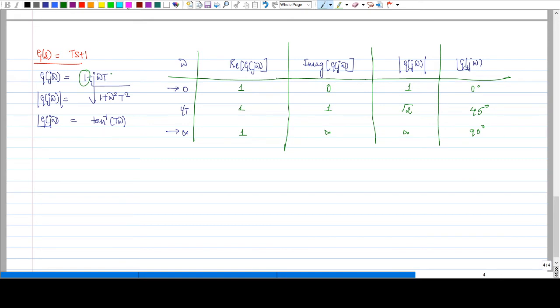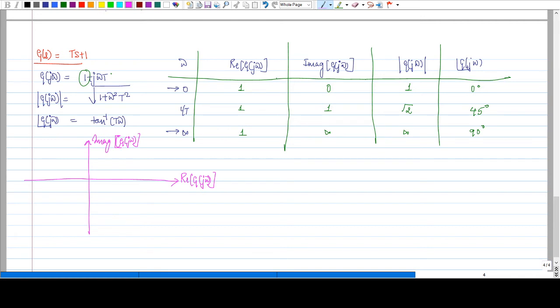Now we will plot the curve. This is the real part of G(jω) and the imaginary part of G(jω). First we will start from ω tends to 0. When ω tends to 0, it is (1, 0).